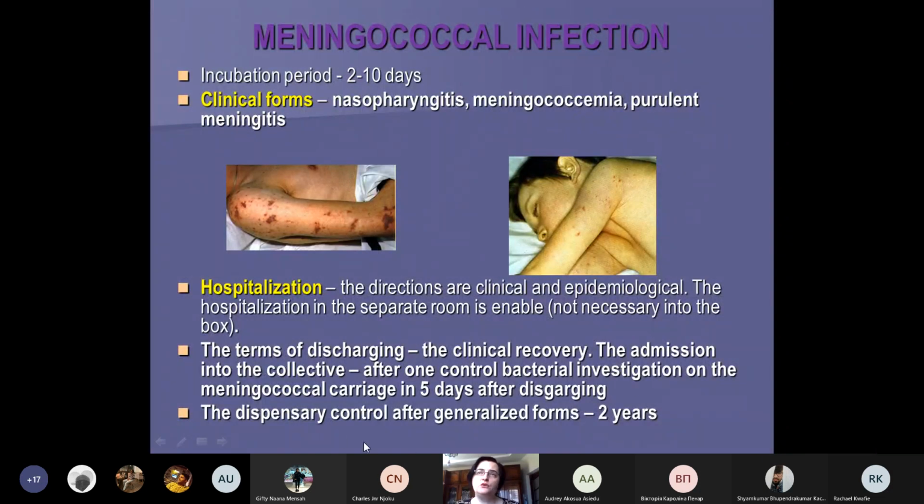The dispensary control, like observation by an infectious diseases doctor and by a neurologist, after generalized forms, will be 2 years.